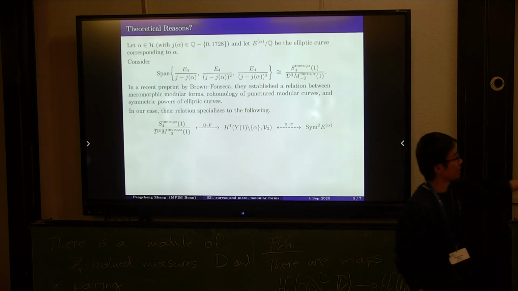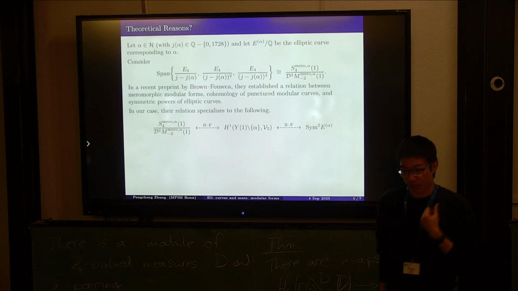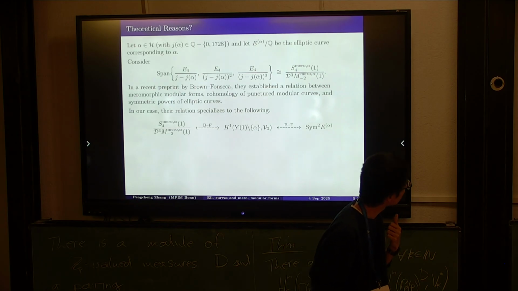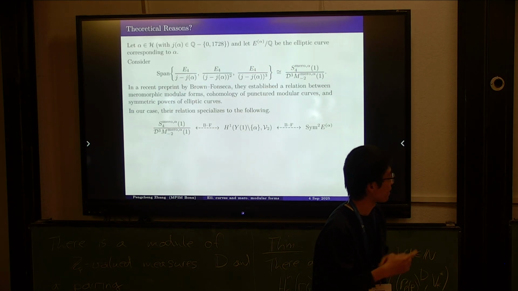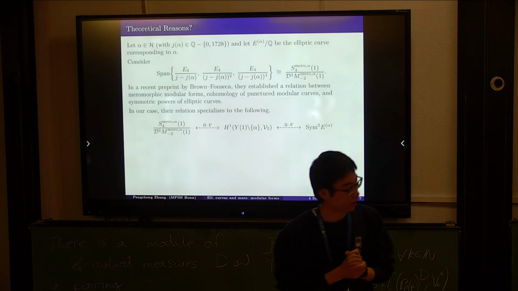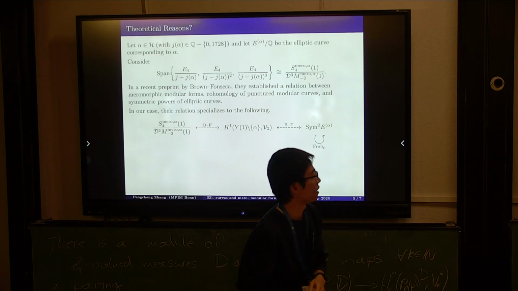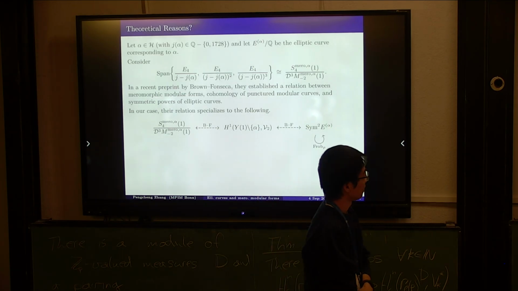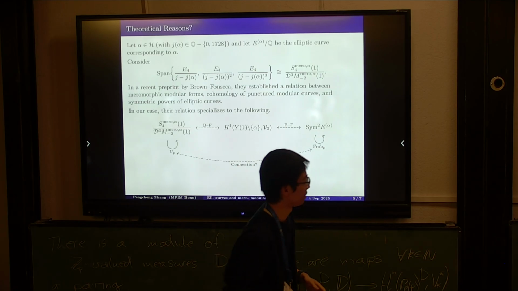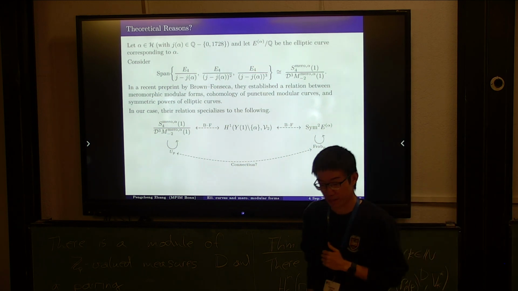In my case, their relation specializes to the following. Here, the left-hand side is the linear span that we are considering. They relate this to the first cohomology of this punctured modular curve, but then they also relate that to the symmetric square of the elliptic curve associated to alpha. On the elliptic curve side, we have the Frobenius action, and as we have seen previously, this Frobenius action seems to relate to the U_p action on the modular form side.